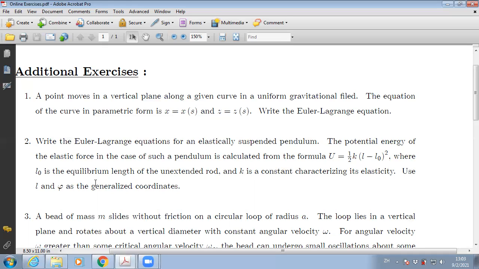Final step, write down the Euler-Lagrange equation of motion in terms of the generalized coordinates and generalized velocities. Just step by step. There are no tricks. Just hard work.